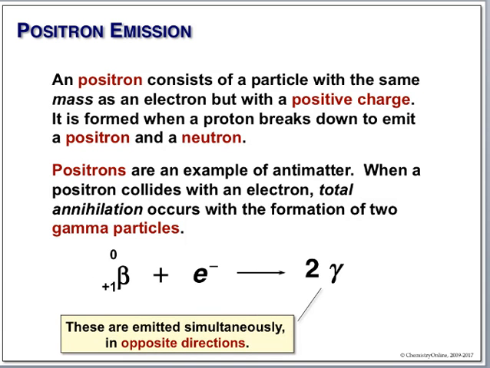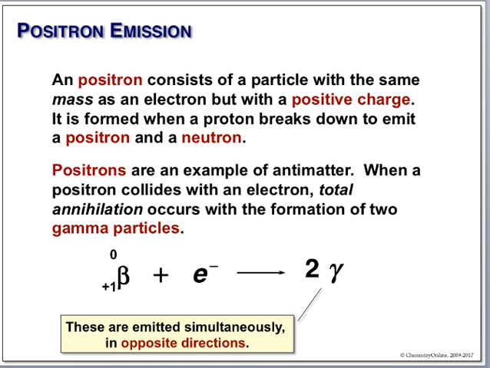Positrons really don't belong. And if a positron, which is a positive electron, happens to hit an electron, think about Star Trek, you have matter and antimatter, and they go kaboom together. What happens? Well, you get formation of gamma rays. These gamma rays are actually ejected from the position of the electron in opposite directions.